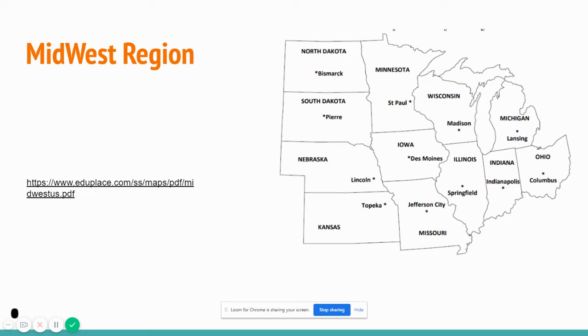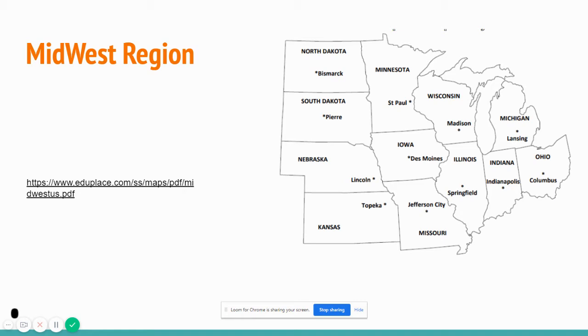So on the map, the capitals are marked with a star and the states are depicted in bold font and capital letters. So starting at the top left, let's review the capitals.